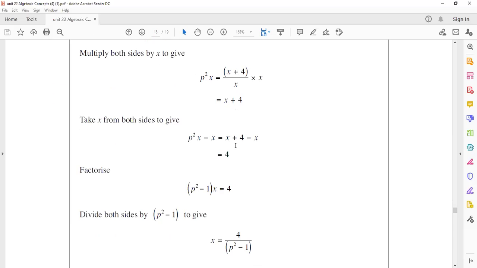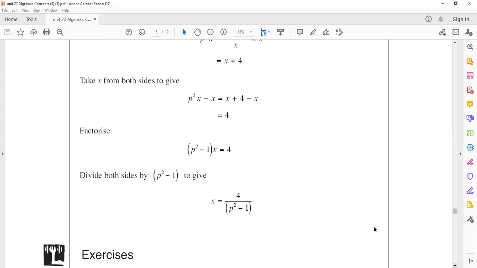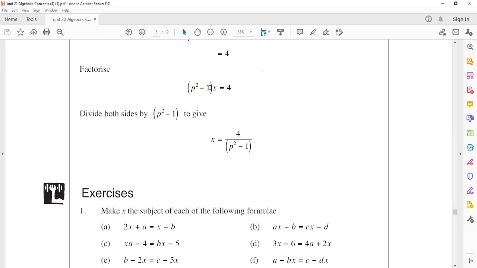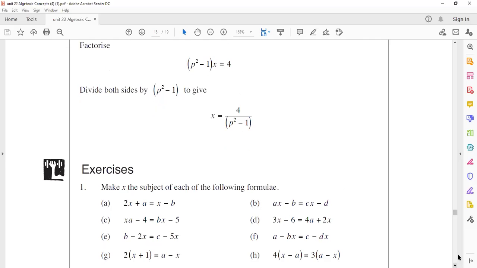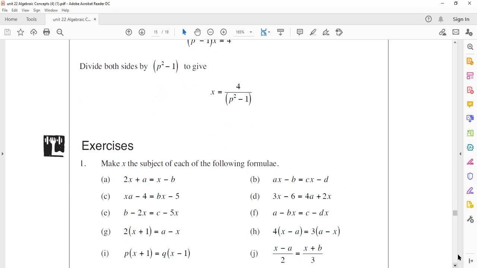Then we try and group them. So what you see here is that subtracting x from both sides so that x appears on the left side, and then you factor out the x, put it outside by itself, and then you have (p squared minus 1)x equal 4, divide both sides by p squared minus 1. And that's it in essence, right?